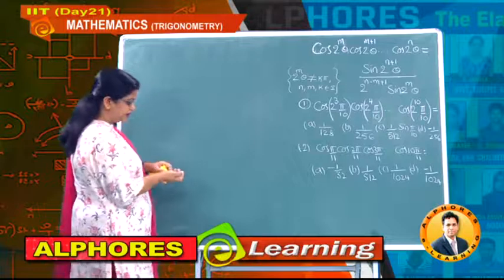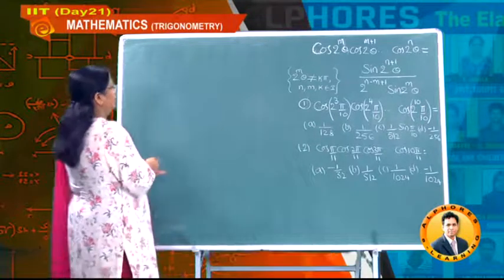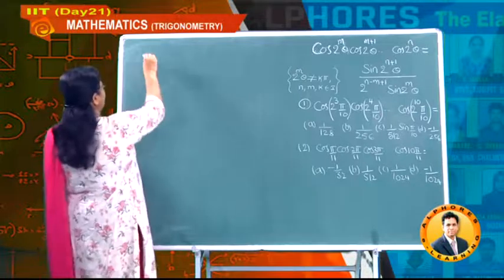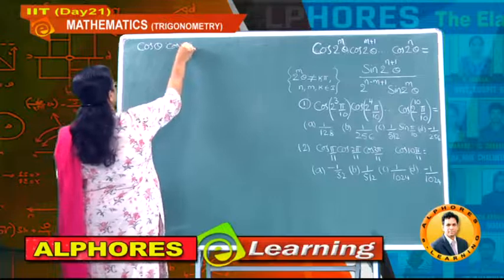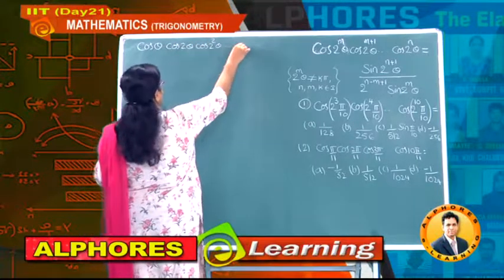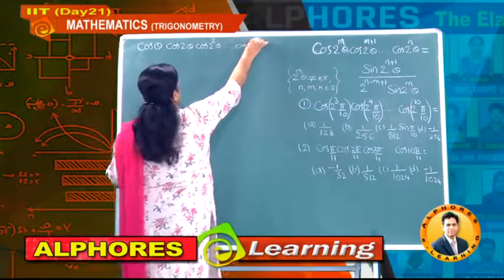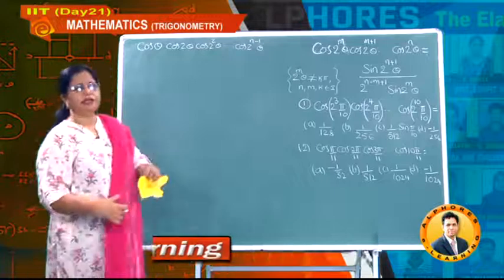What we discussed in the previous session: the formula is cos theta into cos 2 theta into cos 2 square theta, and so on, up to cos 2 to the power of n minus 1 theta. How many terms are these altogether? n in number.